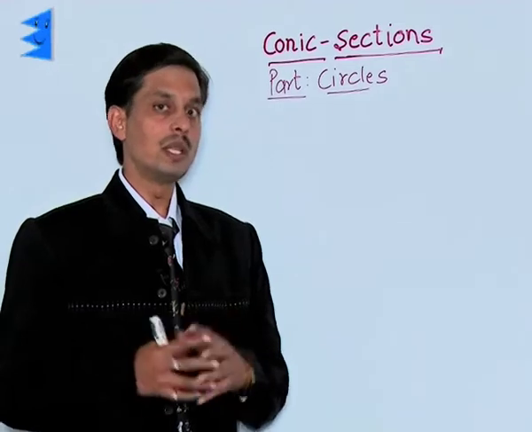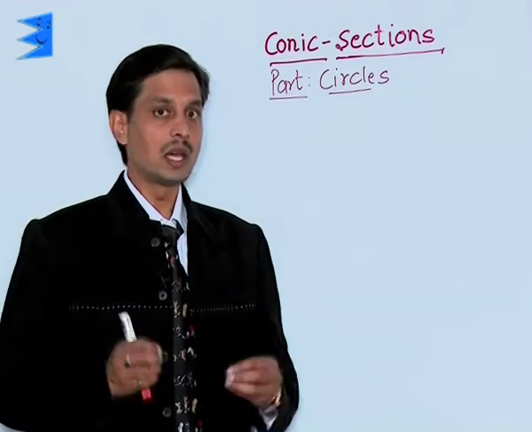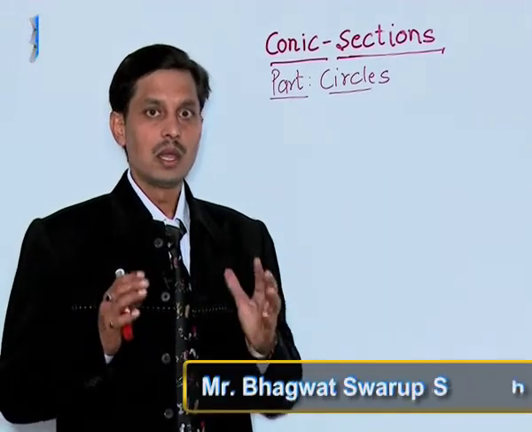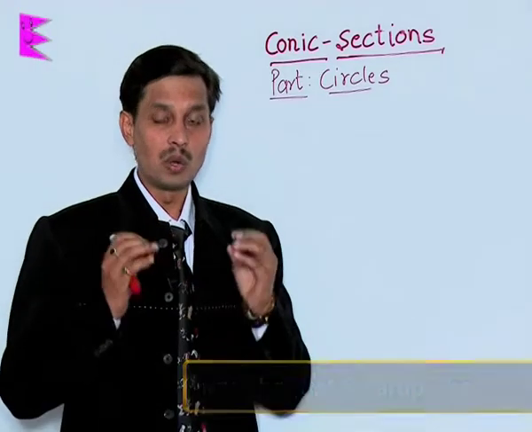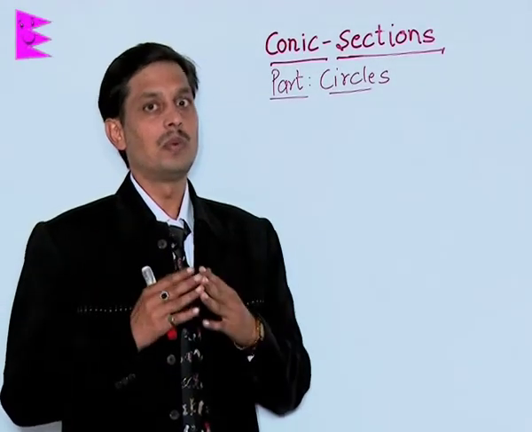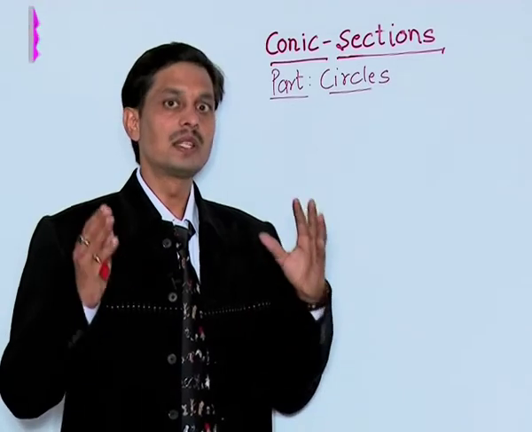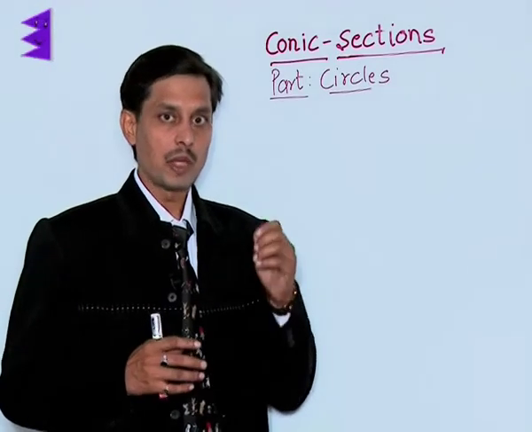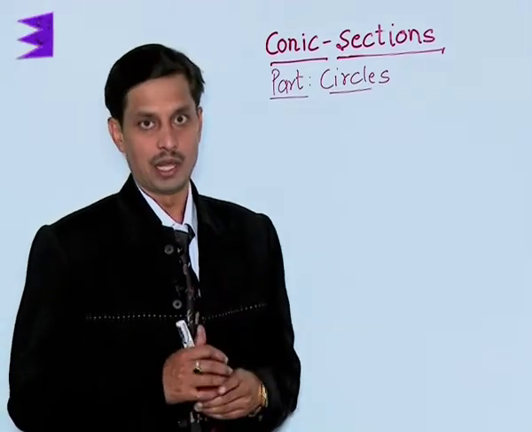Now I want to discuss one case where I will explain how to find the equation of a circle if its center is at the origin and the radius is of a given length.